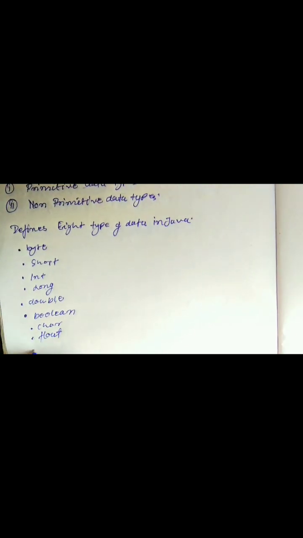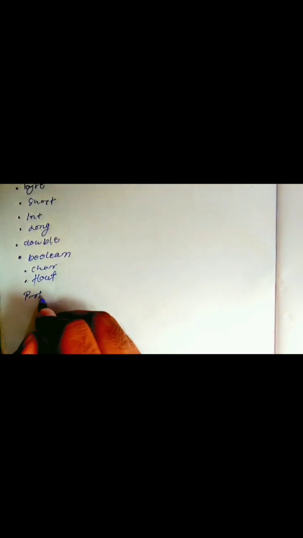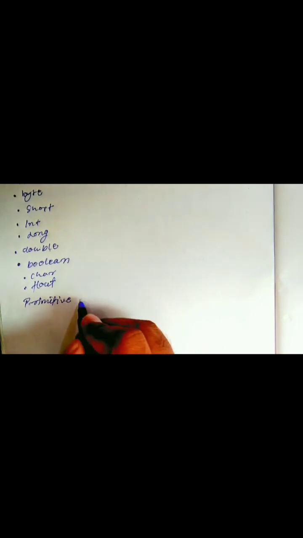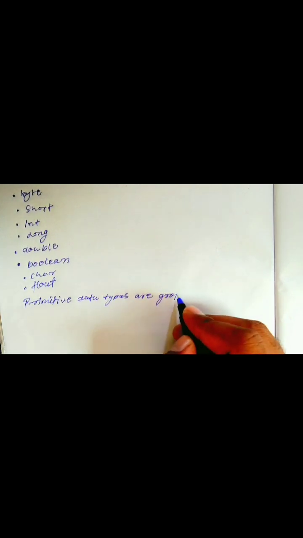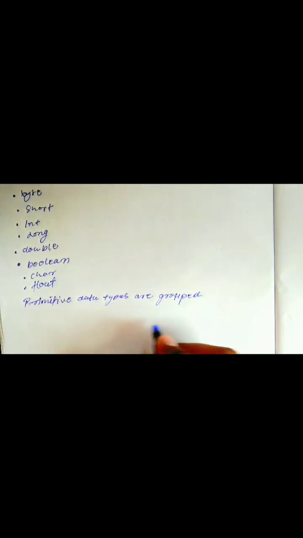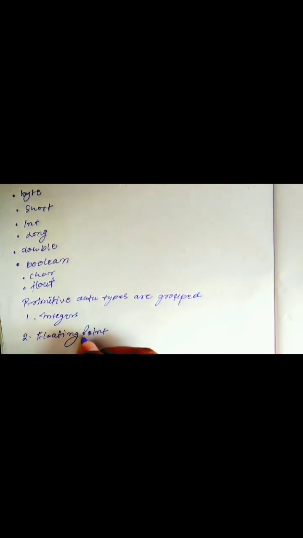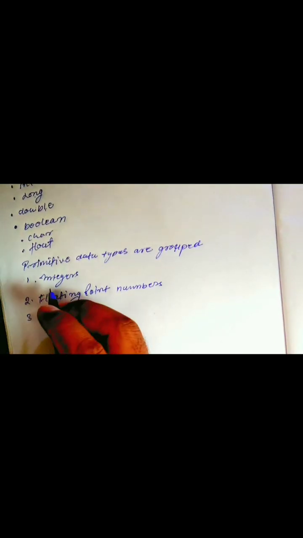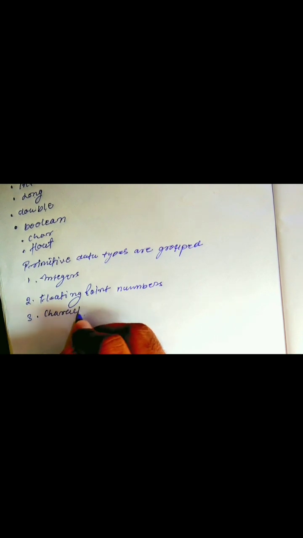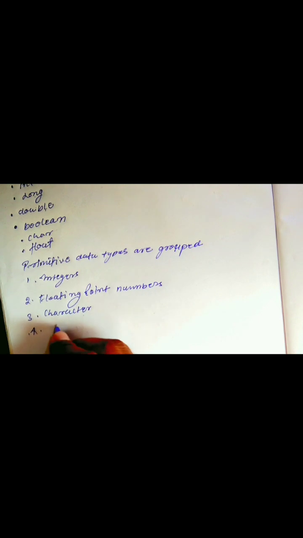Primitive data types are grouped as follows: first is integer, second is floating point numbers, third is characters, and fourth is boolean.